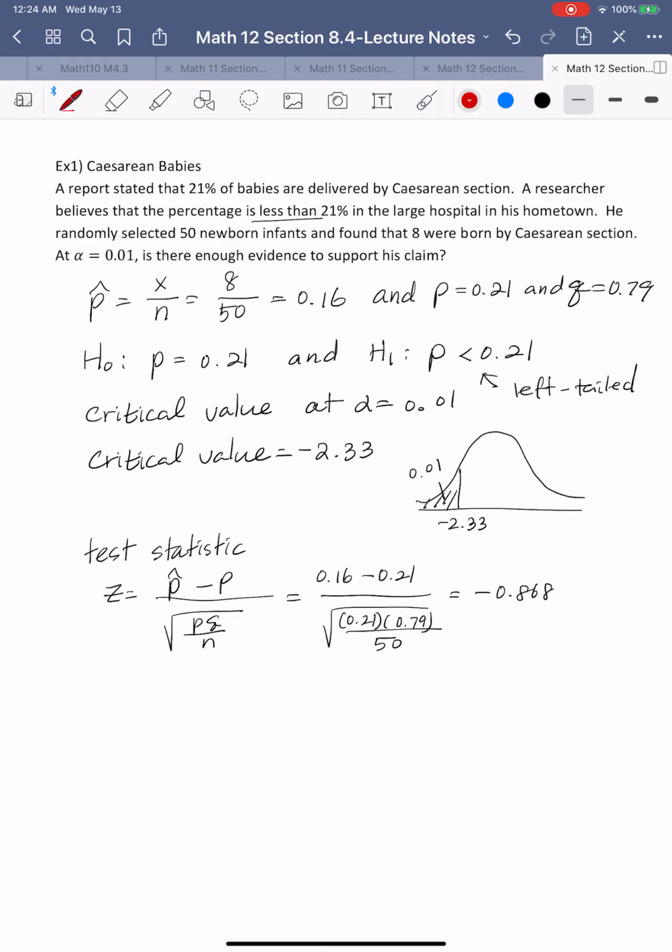Here's 0, so it's about here. Negative 0.868 is not in the critical region, so we do not reject the null hypothesis.